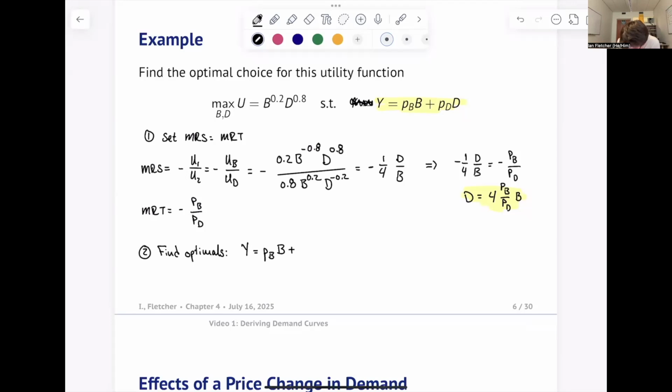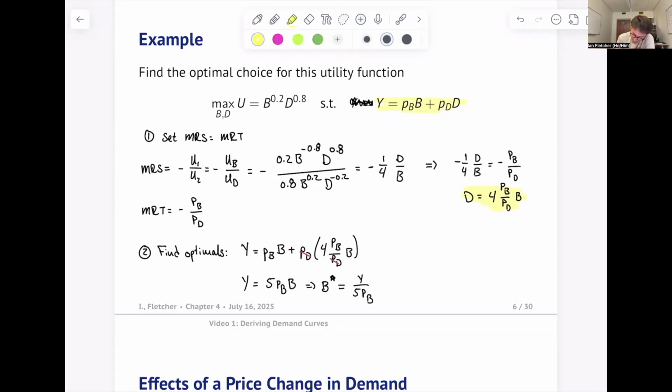We are going to get PD times 4 over PB, PD times B. These are going to cancel, and we're going to get Y should equal 5 PB B, or B star should equal Y over 5 PB. And so this would be one of our optimals.